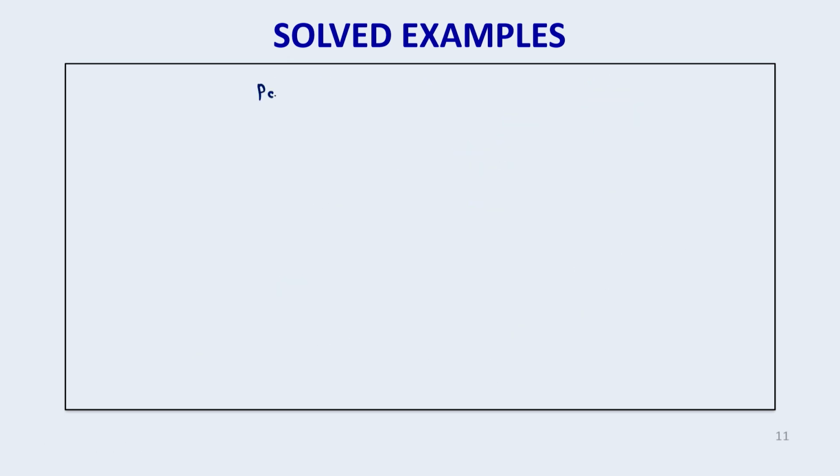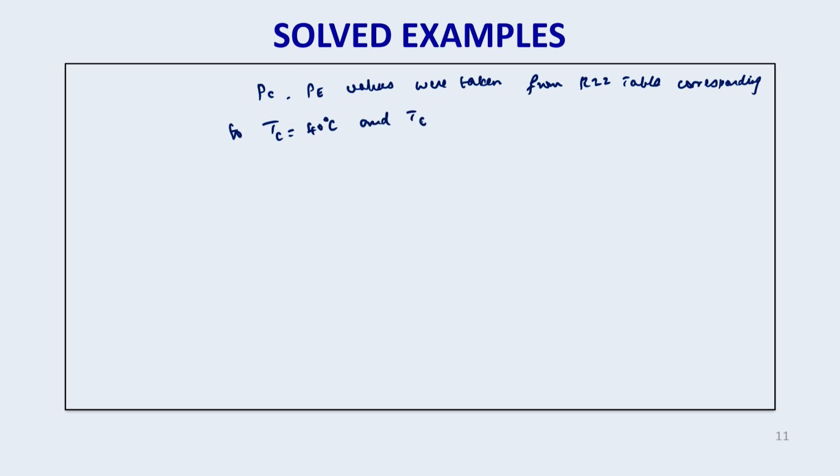So PC and PE values were taken from the R22 table corresponding to TC equal to 40 degrees centigrade and TE equal to 5 degrees centigrade respectively.